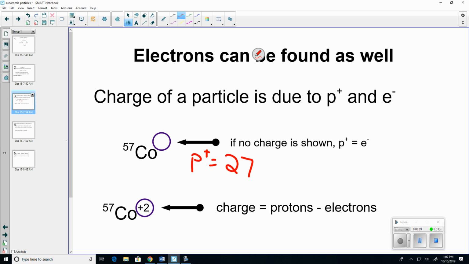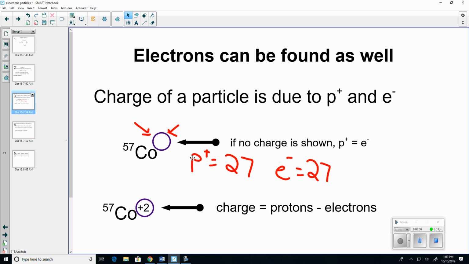Since there is no charge, there is nothing inside of this space right here. The electrons, which is a symbol of a lowercase e with a minus symbol, would also be 27. Because the positives and the negatives would balance out to give no charge. Does that sound okay?